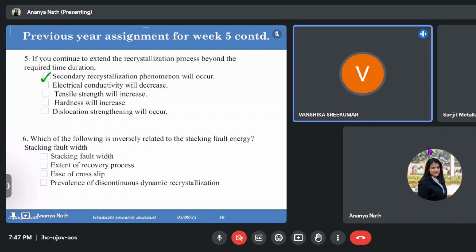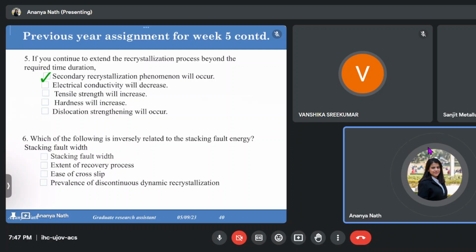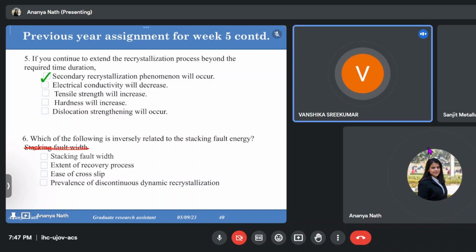So, which of the following is inversely related to the stacking fault energy? There are five options. There are four options, so this is misplaced somehow. Four options. Starting with the ease of cross slip.